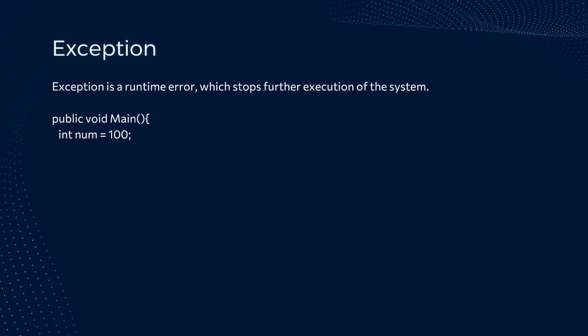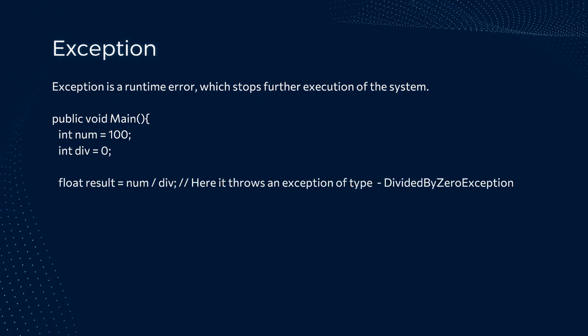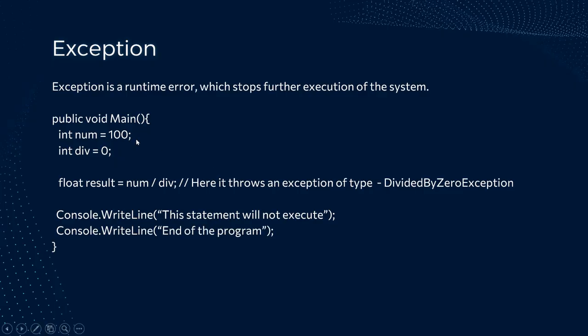Let's take an example. I have created one program, and here you can see it is in void main, and I have taken two variables: one is num equal to 100 and the integer div equal to 0. And here I am trying to divide num by div.